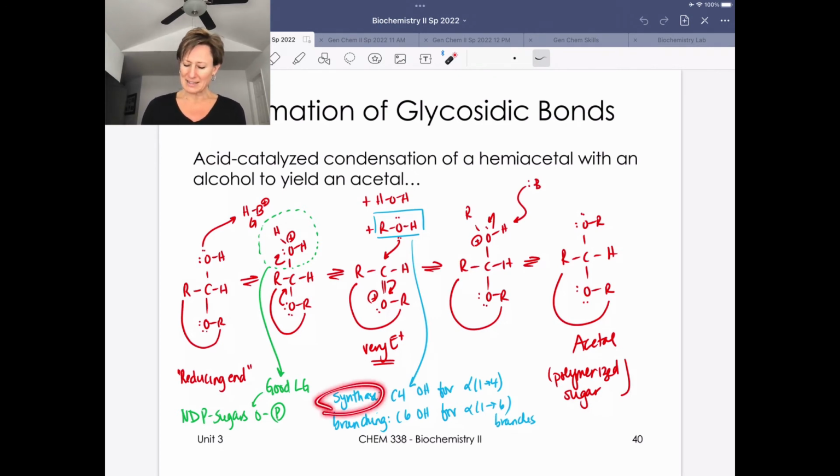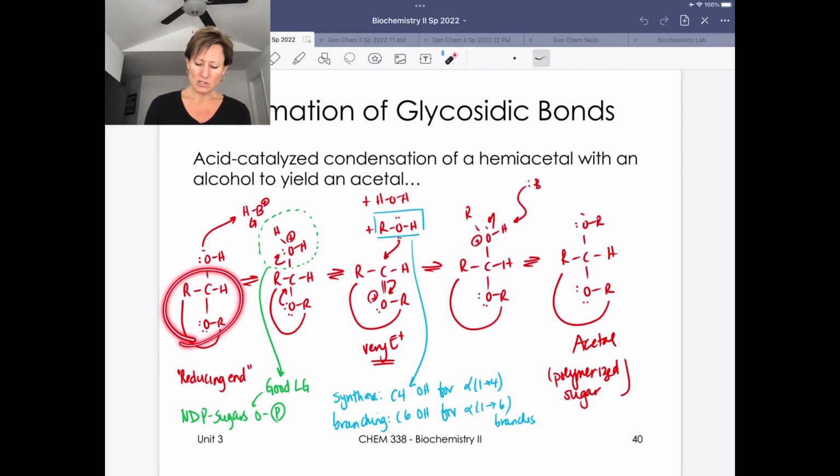So again, it's highlighting that synthase is going to use this chemistry to generate an alpha-1,4 glycosidic linkage for our linear chains in glycogen, but our branching enzyme is also going to do this same chemistry, but now it's going to be the C6 hydroxyl group that generates our alpha-1,6 branches. Okay, one other thing to map on: if we want this guy to be a good leaving group, yeah, you could protonate it and have water leave, but what we actually see in synthase chemistry is we don't have just regular old glucose.